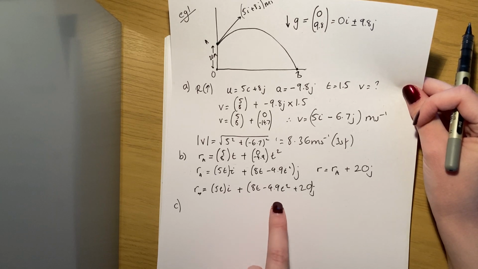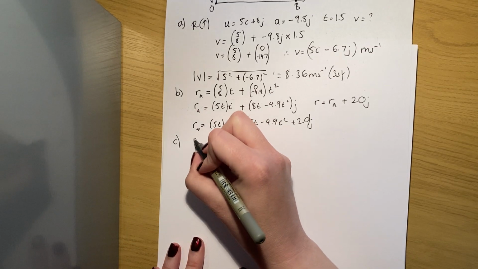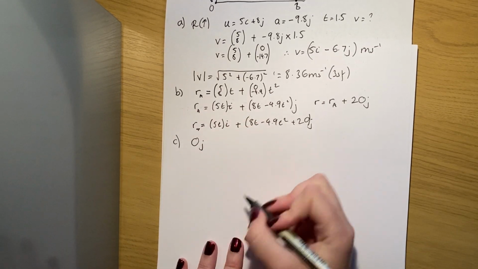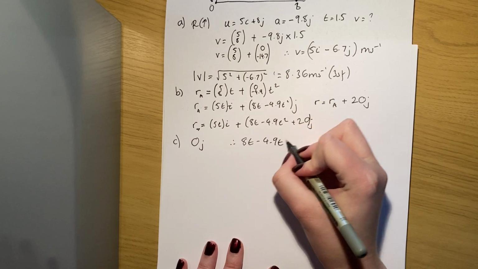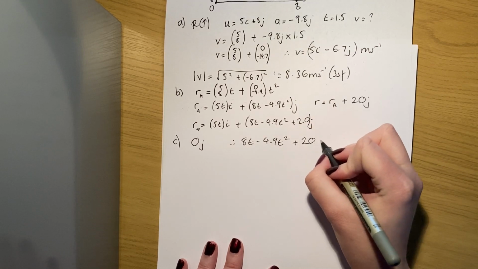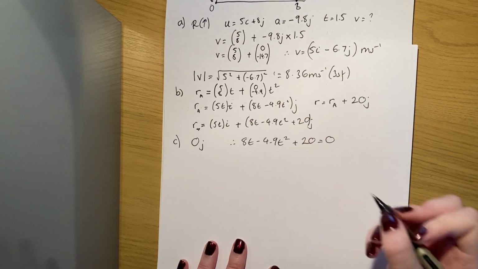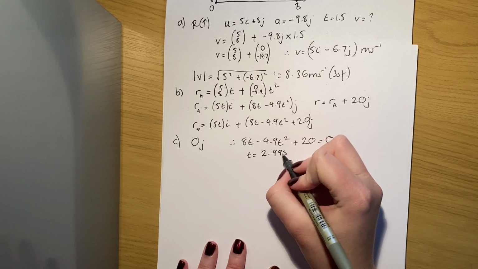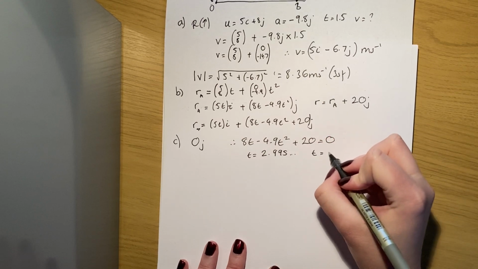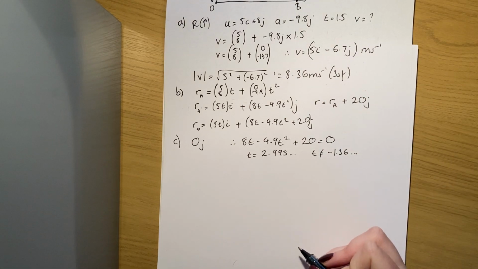This will allow us to find t to then find a horizontal distance. So it would be 0j. Therefore 8t minus 4.9t squared plus 20 is equal to 0. I'm going to solve that on my calculator, and I get t is equal to 2.995, or t is equal to negative 1.36, which obviously is not a solution.